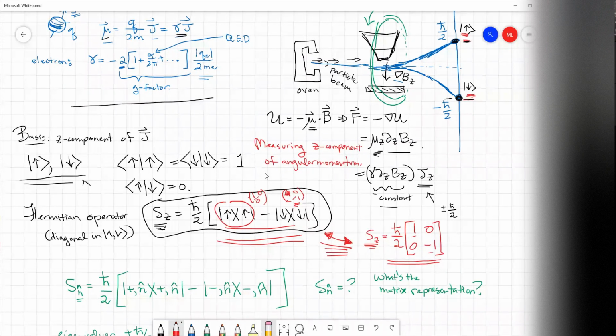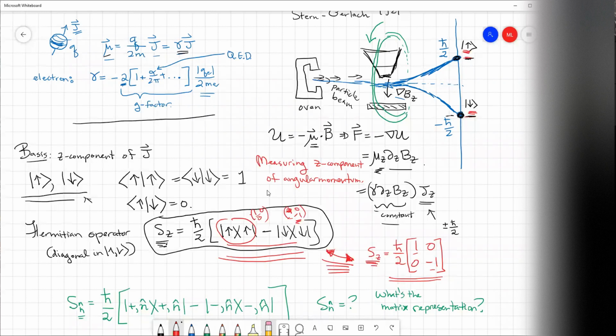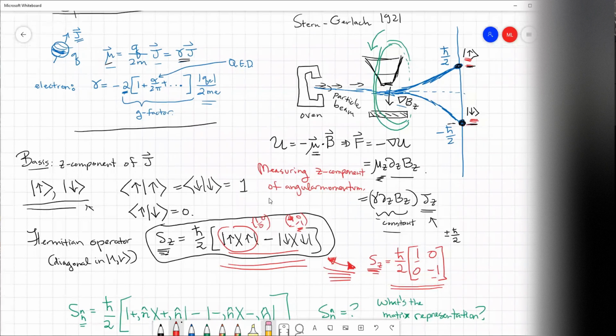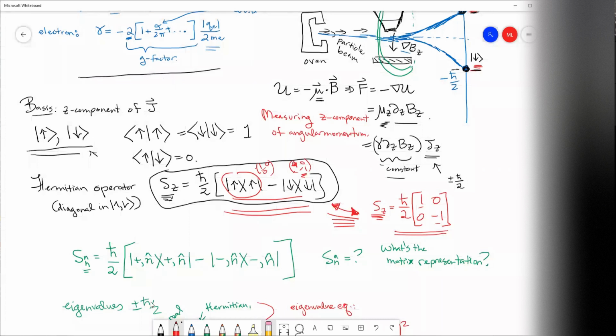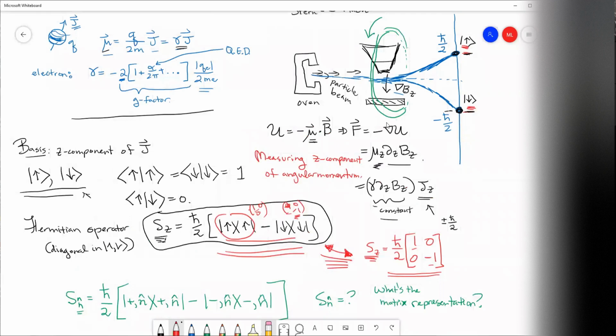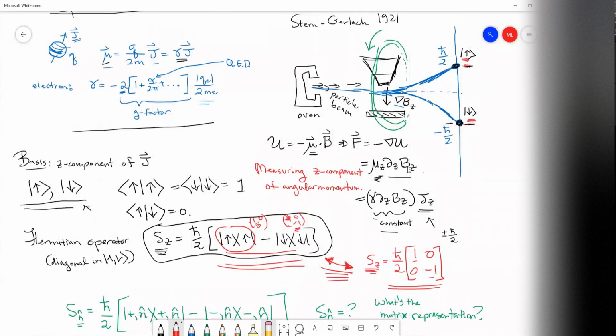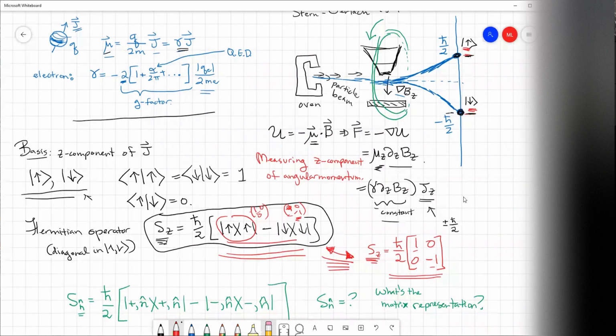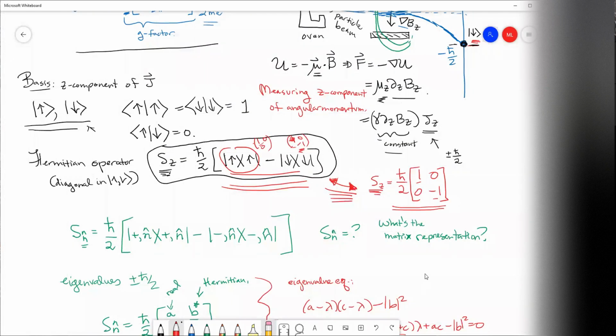Okay, great. More questions. And we're doing all this in order to understand how picking this basis along the z direction is related to, say, if you were to measure the spin not along z, but if you rotated this thing around and measured the spin along some other direction.